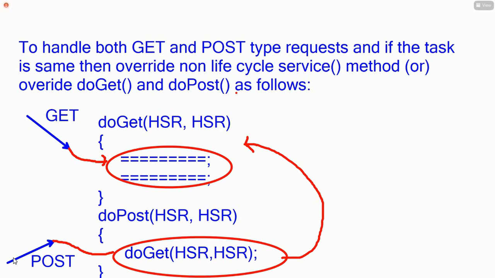So instead of writing non-lifecycle service, use this concept. That means Eclipse is saying write doGet, doPost only, don't write service. Eclipse environment is designed like that. Now at last it is equal to non-lifecycle service, no?